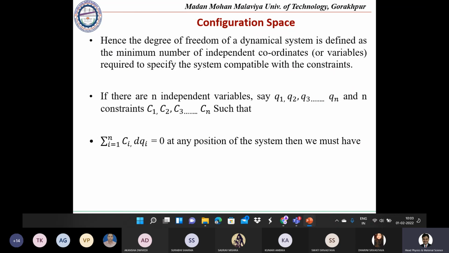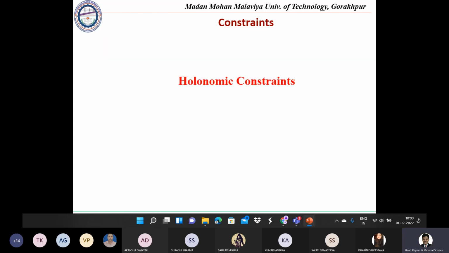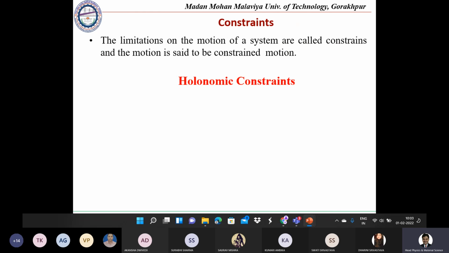Then we must have that c1 is equal to c2 is equal to c3 is equal to cn is equal to 0, because dqi will never be equal to 0. So some constraints are there, that constraint we have to discuss here.